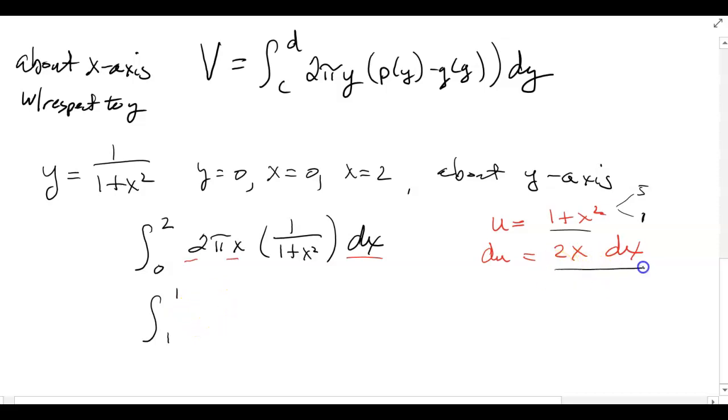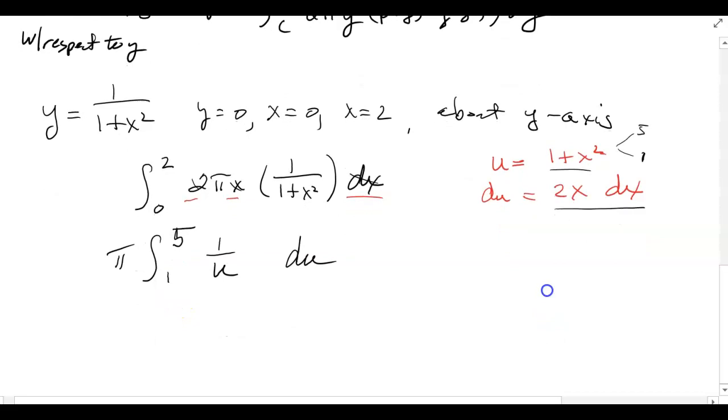Our 2x dx becomes du. The pi can go out front, and we're left with 1 over u du from 1 to 5. And you can quickly integrate that. And you can put your function back.